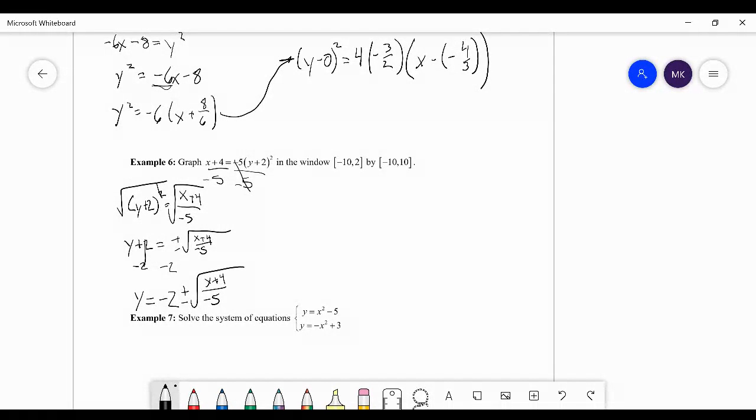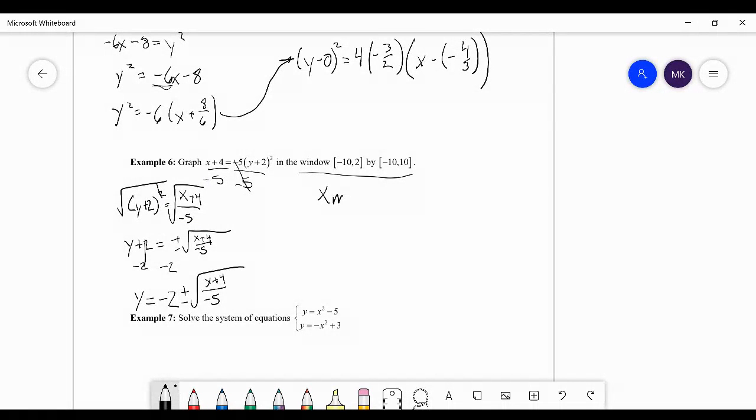And to change your window, again, these are 83 or 84 specific instructions. Right next to the y equals button is a button that says window. When you press that, it is going to give you a screen that says x min, x max, x SCL.